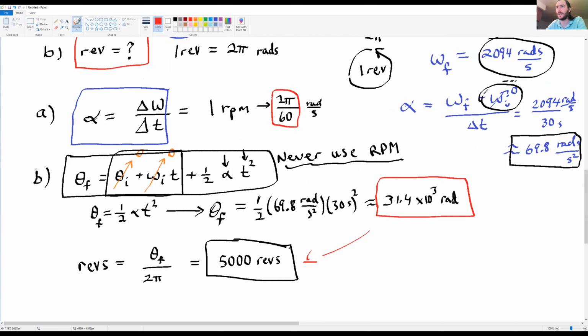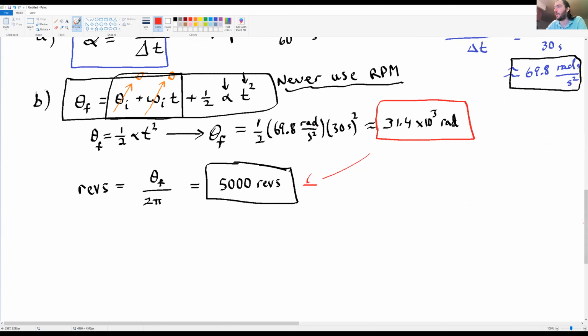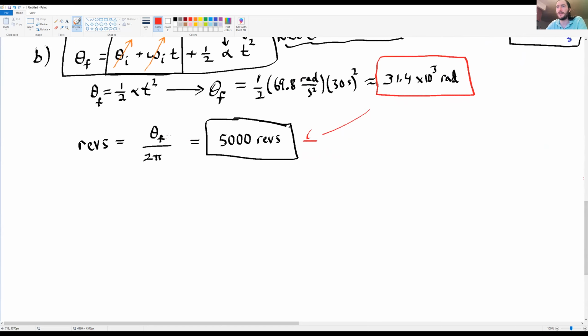We're looking at revolutions, not revolutions per minute. 1 revolution is 2 pi radians. So we simply take this thing and divide it by 2 pi. It was right there, I just didn't notice it. So to get revolutions on the left side, you just take your theta and divide by 2 pi. 2 pi is 1 revolution.